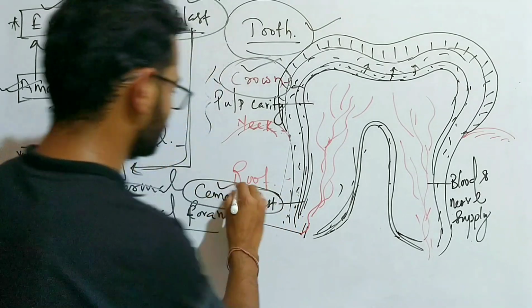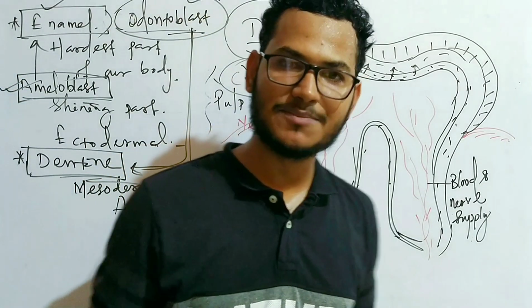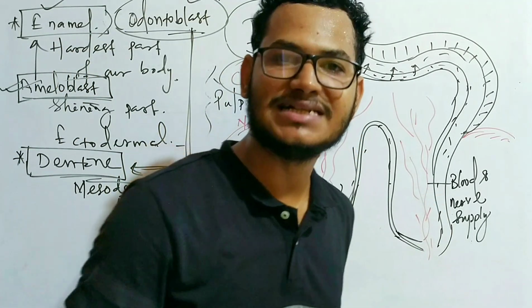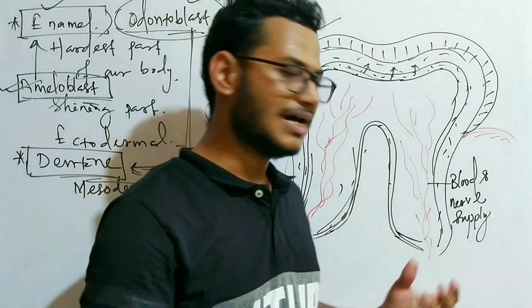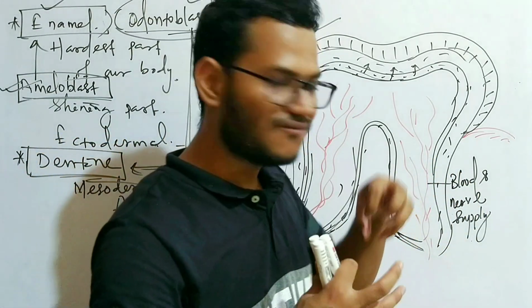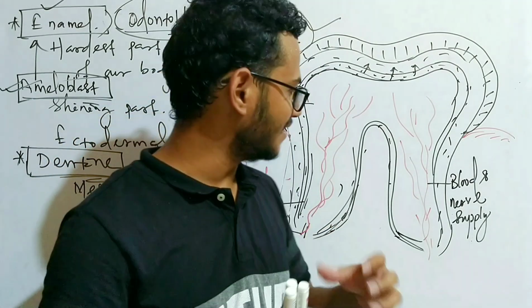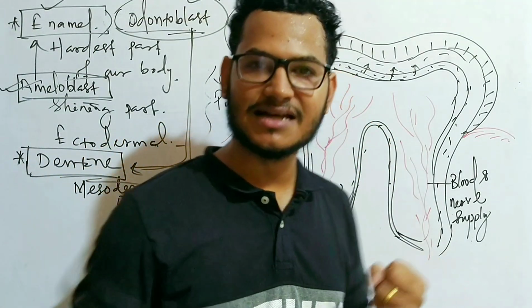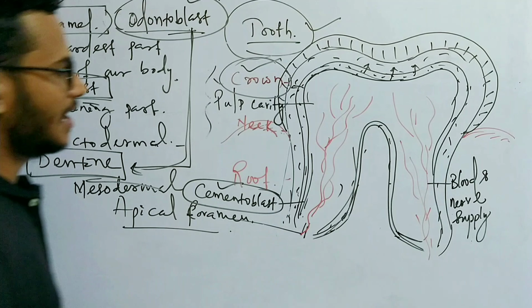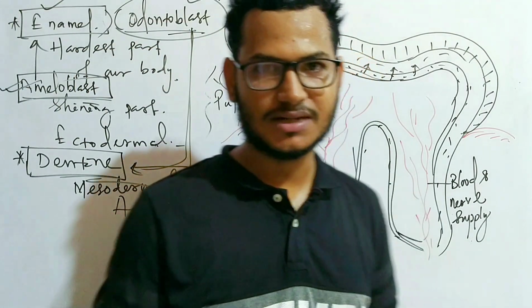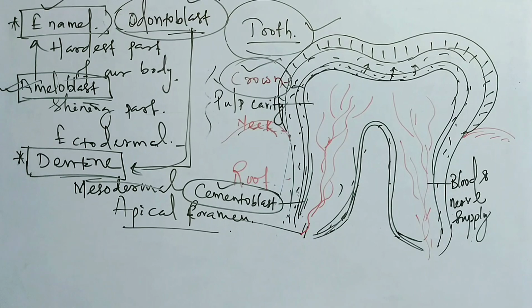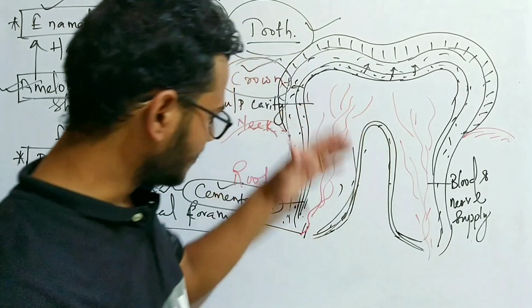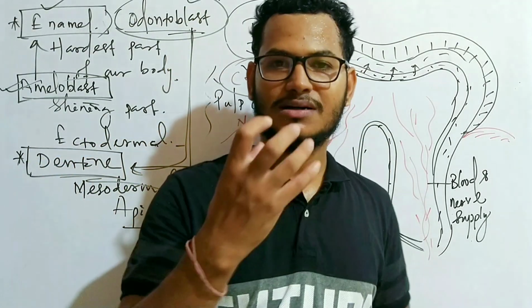These are the cells which secrete a cementing connective tissue that helps in the attachment of the tooth to the bony cavity in the jawbone, so that it can fix itself and will not have any displacement during chewing of food. It needs to be constant in its position in order to help in chewing of food during mastication. So this is the basic structure of the tooth and the different parts of the tooth.